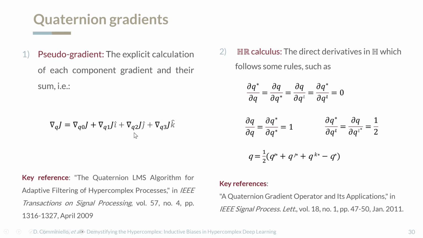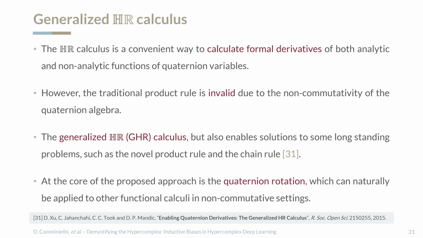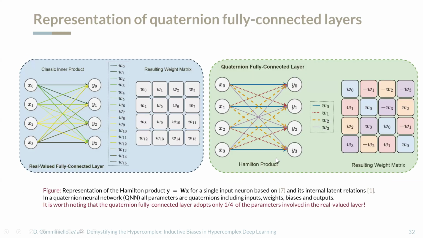There is some kind of pseudo-gradient approximation, which is easier to compute, or you can also have some more complex gradient operations defined in the quaternion domain. Of course, there are a lot of very interesting studies on that part.